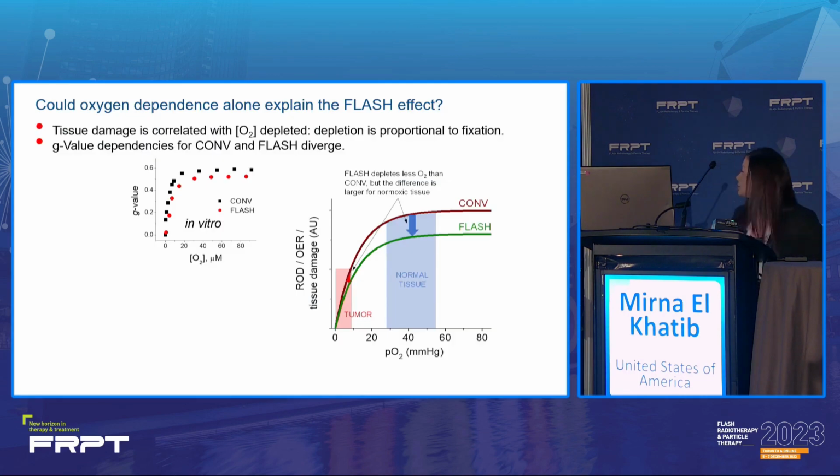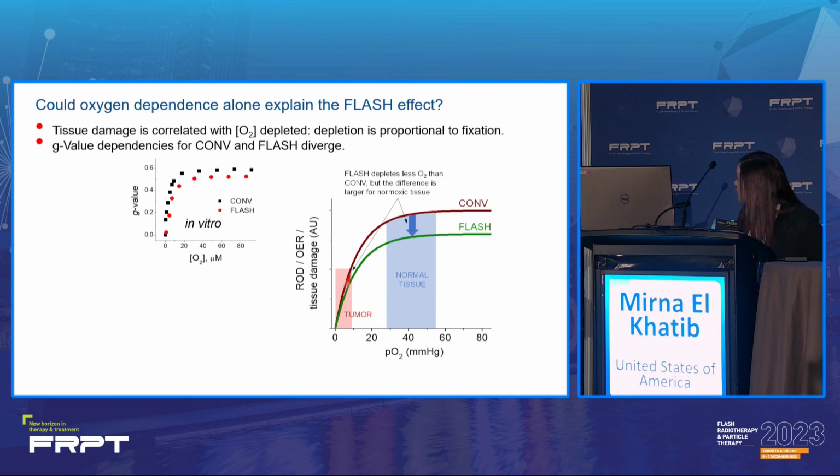And here is this shown in a more picturesque way. As you can see here, if we assume that the in vivo results match the in vitro results, and that FLASH depletes less oxygen in the normal region than conventional rates, and we correlate tissue damage to fixation, then that means less tissue damage is occurring.